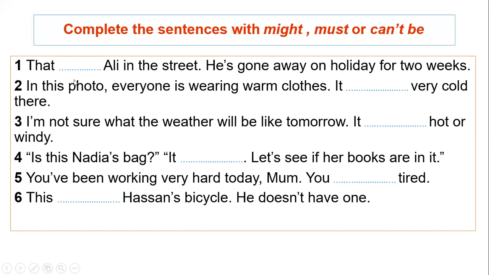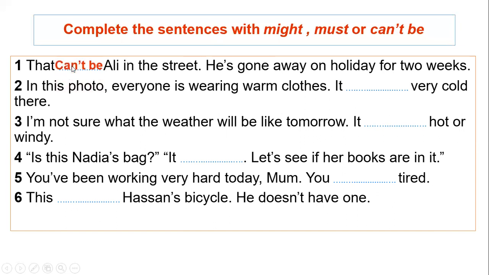So in the first sentence, that something Ali in the street is gone away on holiday for 2 weeks, because Ali has gone away on holiday for 2 weeks. That can't be Ali.